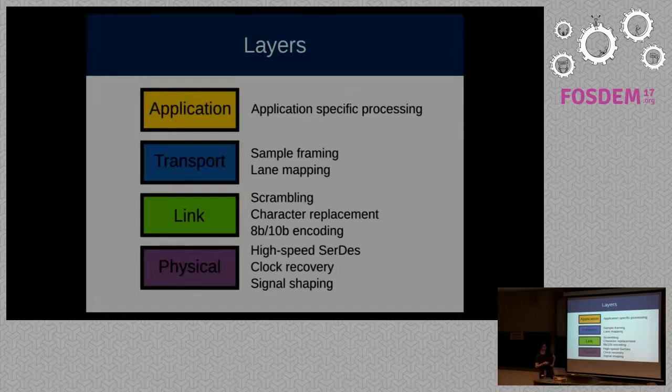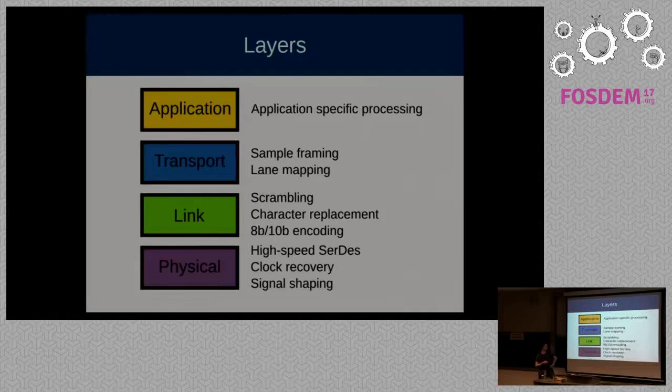The transport layer is responsible for the so-called sample framing and also lane mapping. This means it takes the raw sample data and packs it in a certain way that all JESD204B devices agree on, and then distributes this data onto the different lanes.